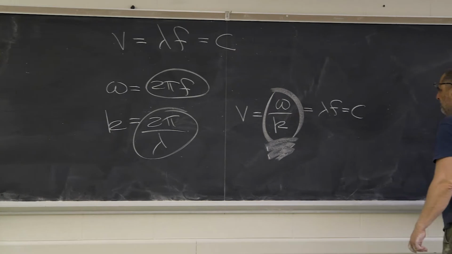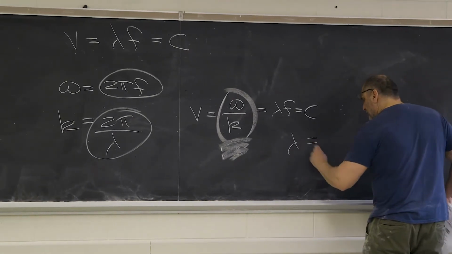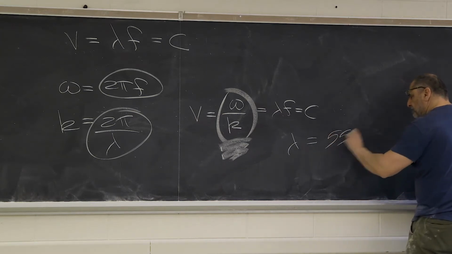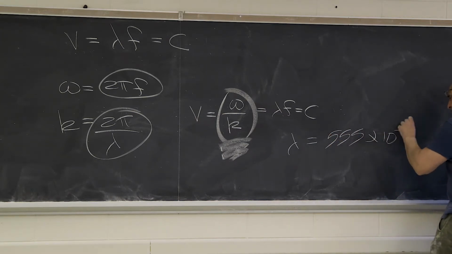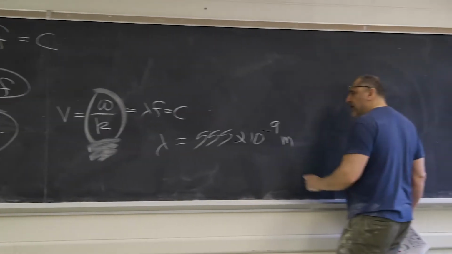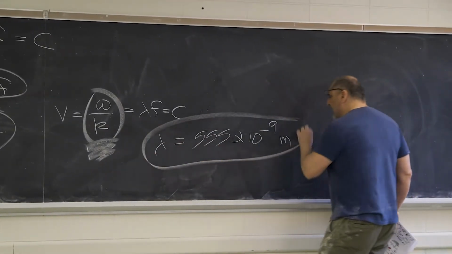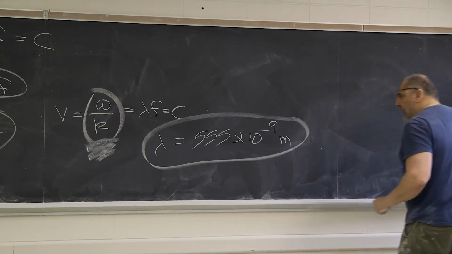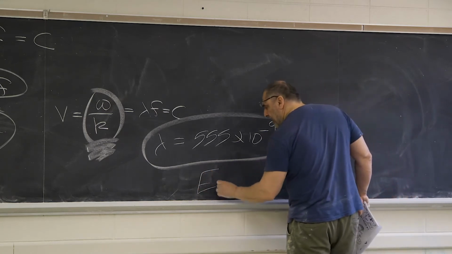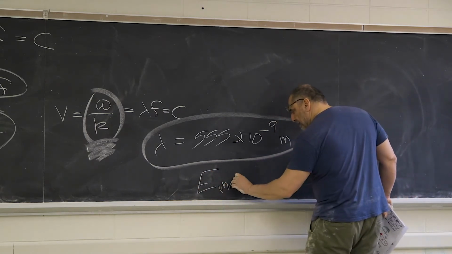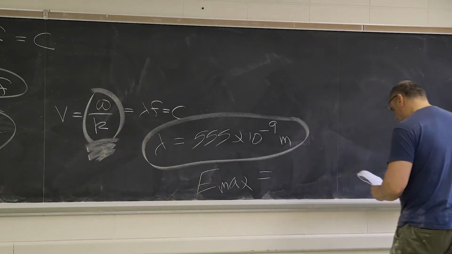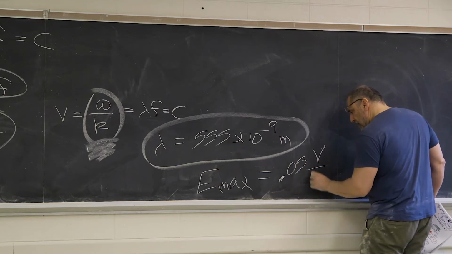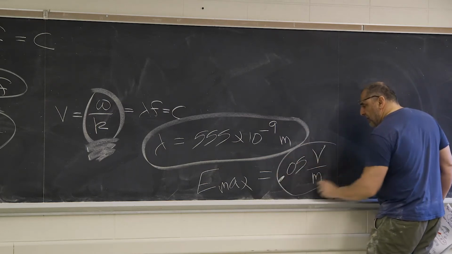They told us that lambda was 555 nanometers. 555 nanometers is 555 times 10 to the negative 9 meters. They told us E max, remember that, they told us that.